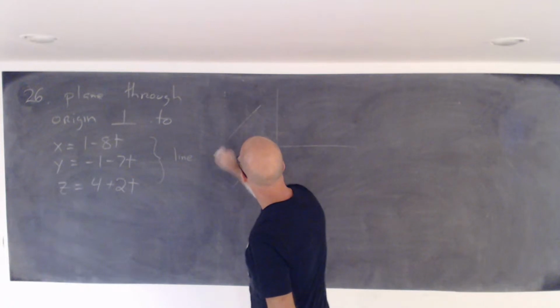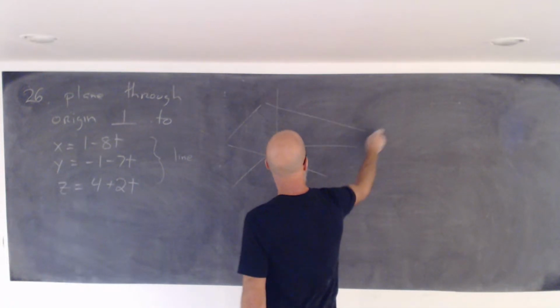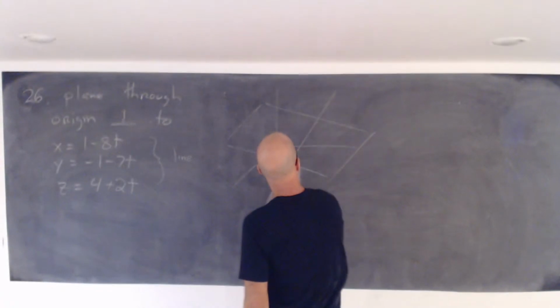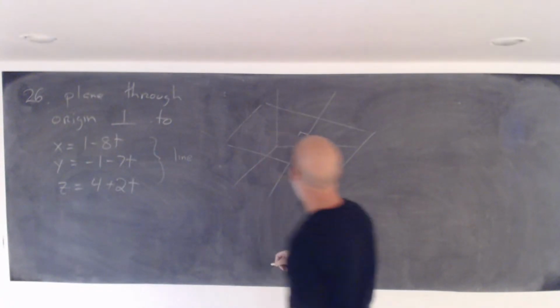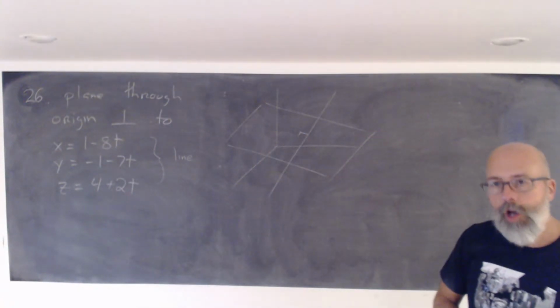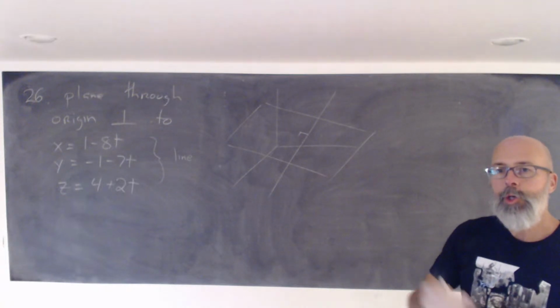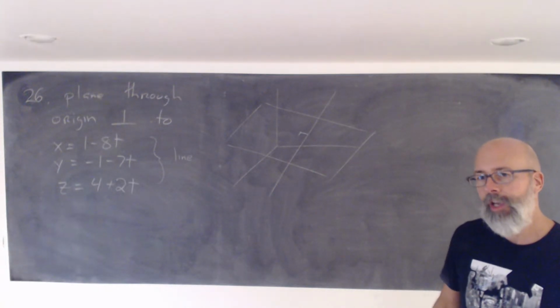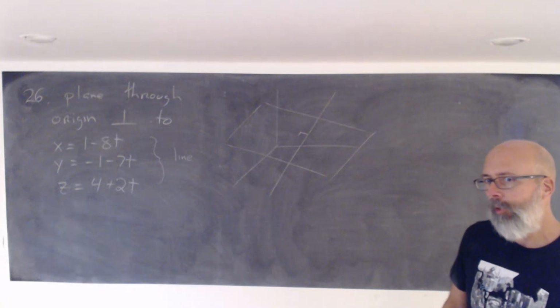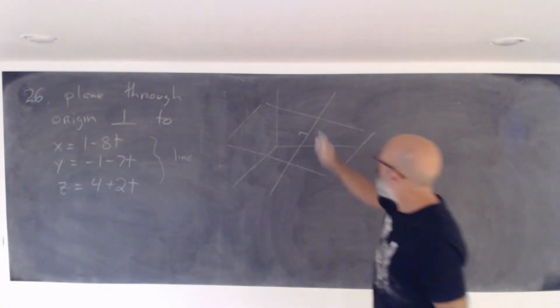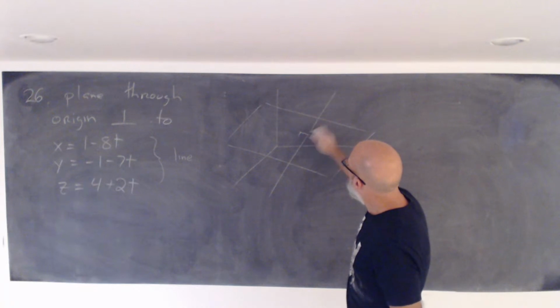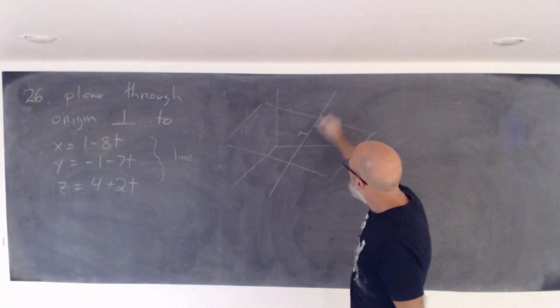You want the equation of a plane that is perpendicular to a line. In order to define a plane, all you really need is the normal.